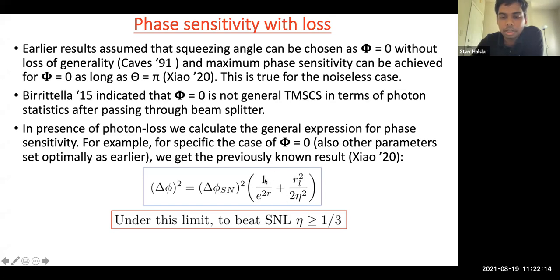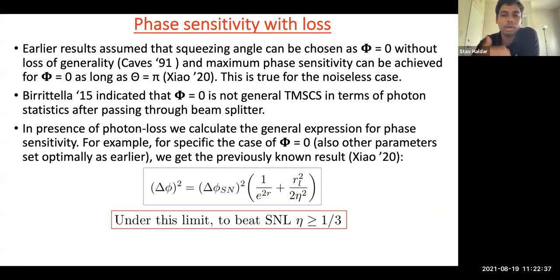And since R is large, this number basically goes to 0 for a large enough squeezing factor. So you want this to be greater than 1, which tells you that eta square, sorry, there's a typo here, eta square can at least be 1/3.